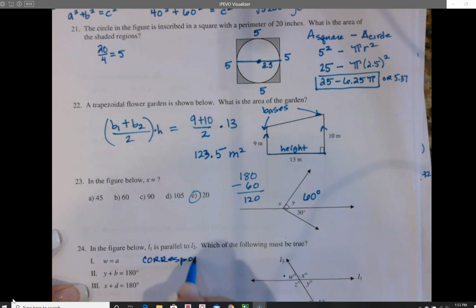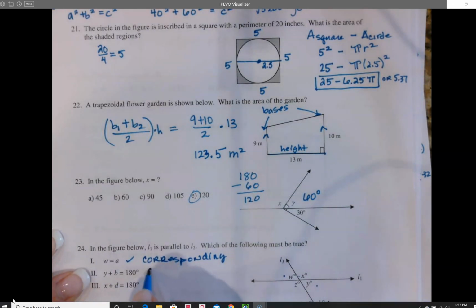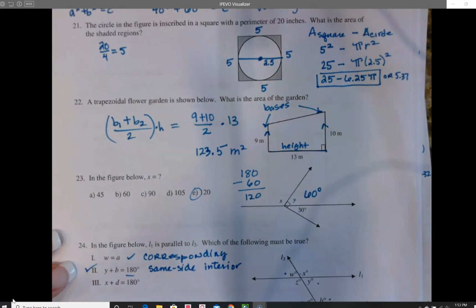We know correspondings are congruent, so that's going to be a true statement. Then y plus b. Y and b, what's the relationship there? They are same side interior, and we know the rule of same side interiors is that they add up to 180. So that one's going to be true.